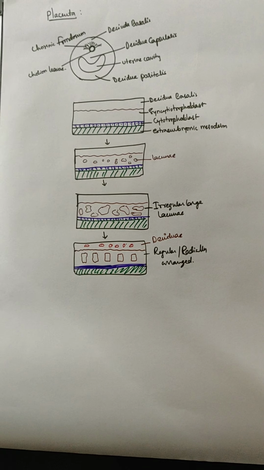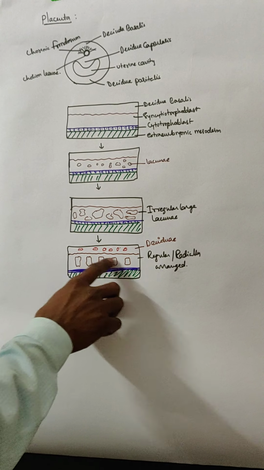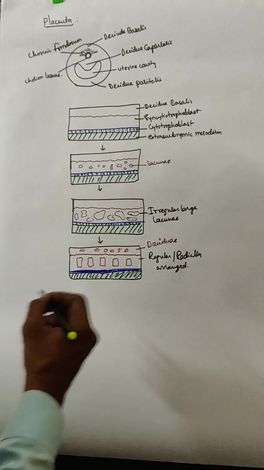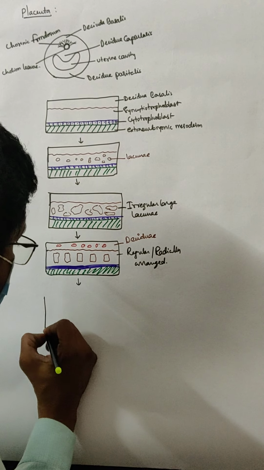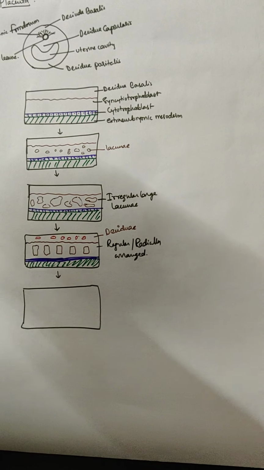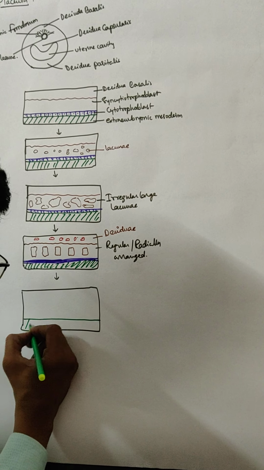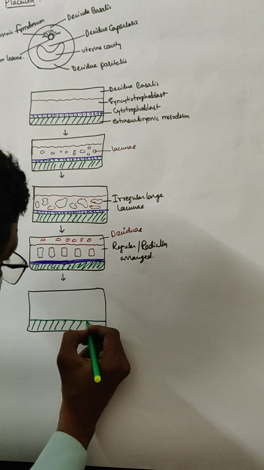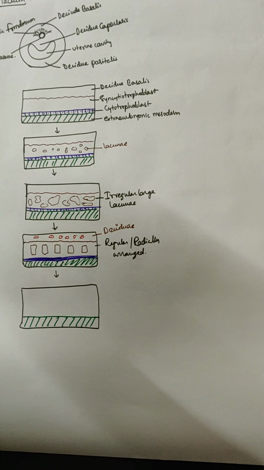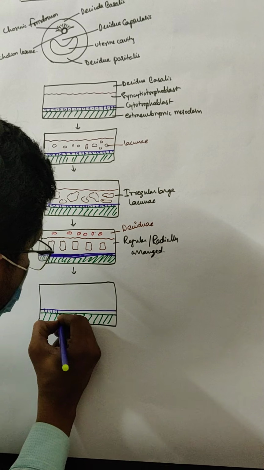These are the larger lacunae, now irregularly arranged. This is the extraembryonic mesoderm. Above that you will see the cytotrophoblast layer.